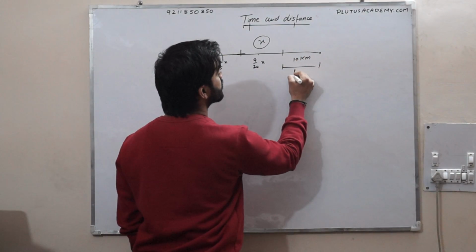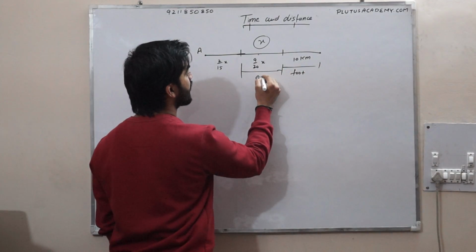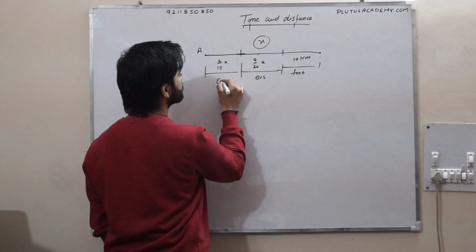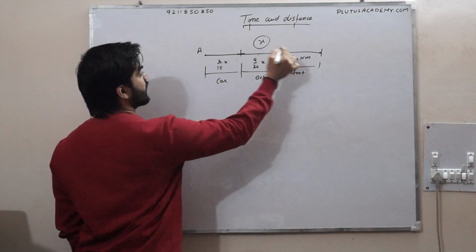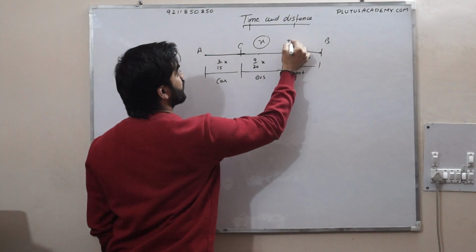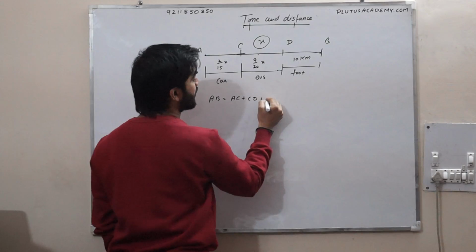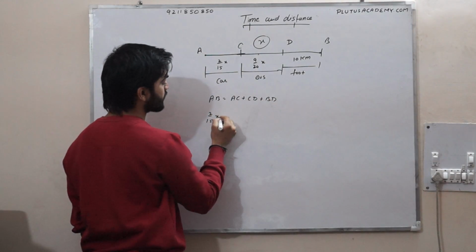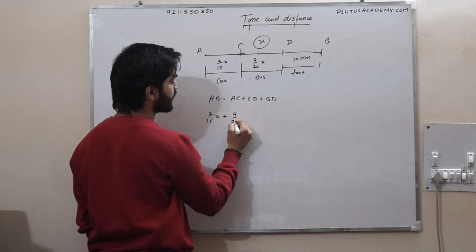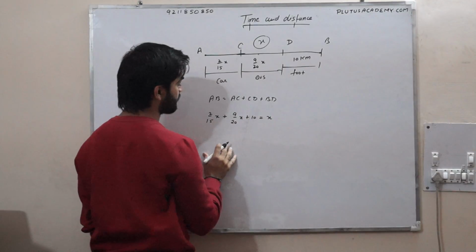This is by foot, this is by bus, and this is by car. So here AB is equal to AC plus CD plus BD. So we can say 2 by 15x plus 9 by 20x plus 10 should be equal to x.